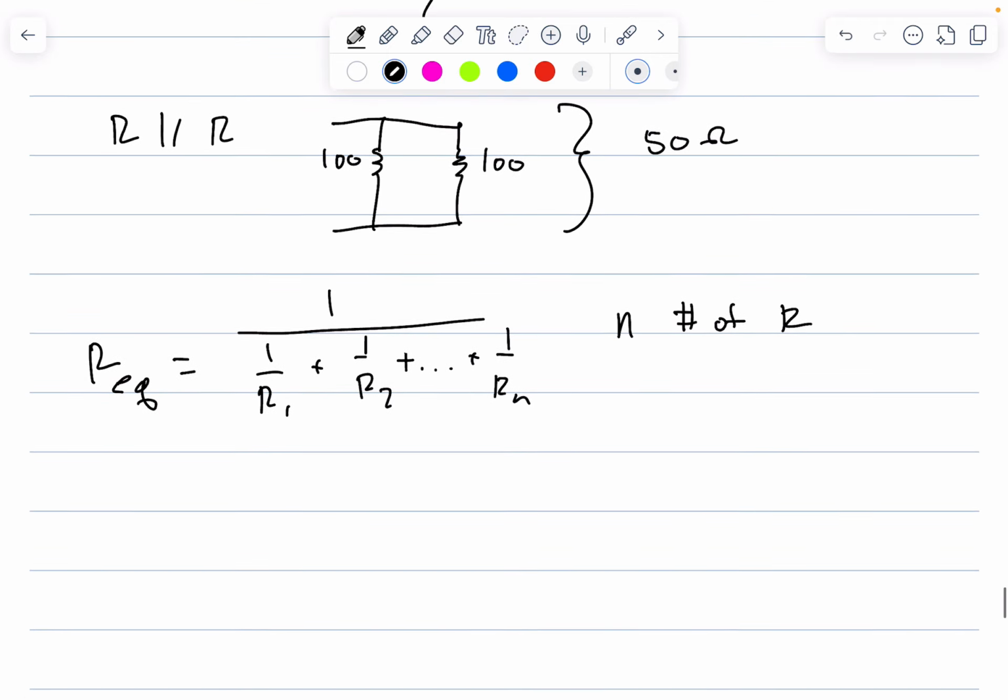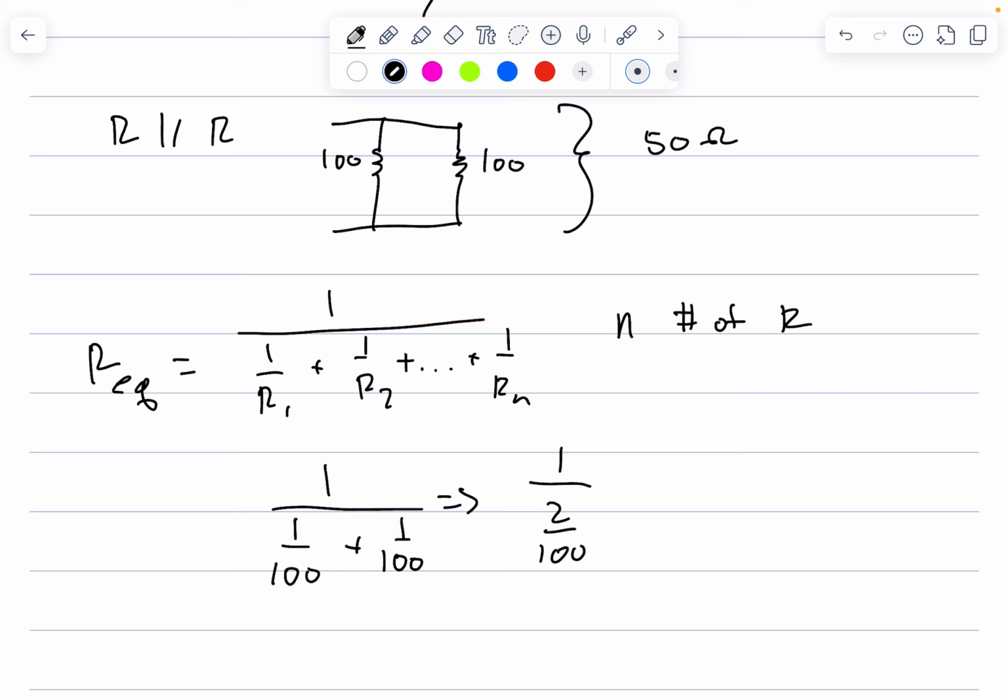So say you just have two, it's 1 over 100 plus 1 over 100. Then you get 2 over 100. And if you remember the equation I told you about, same, snap, flip, 1 times 100 over 2 is equal to 50, right? But how does it make sense that you had 100 and now the equivalent is 50?